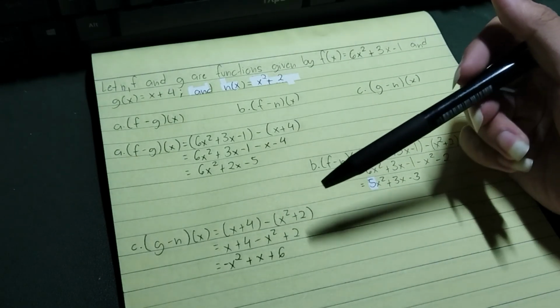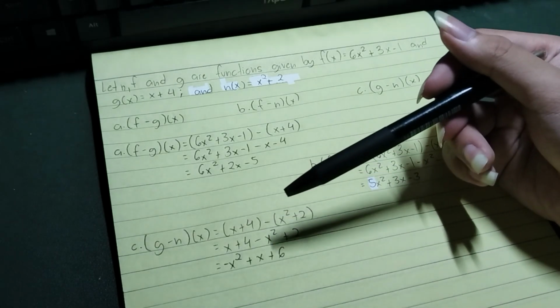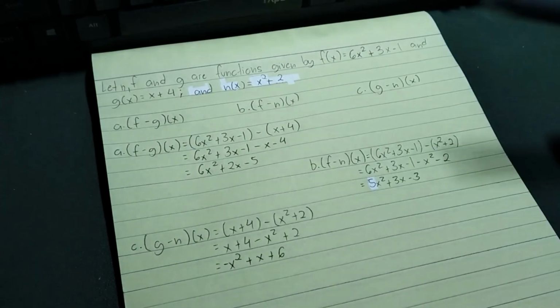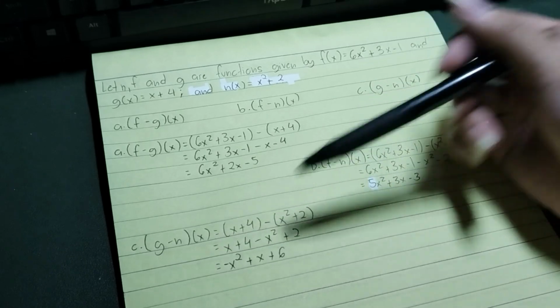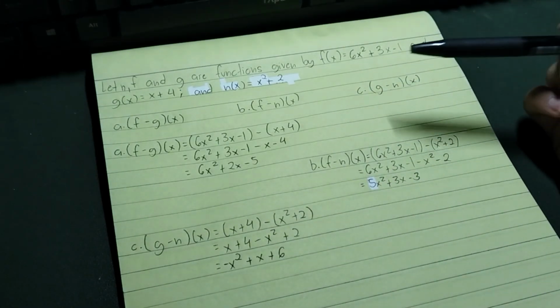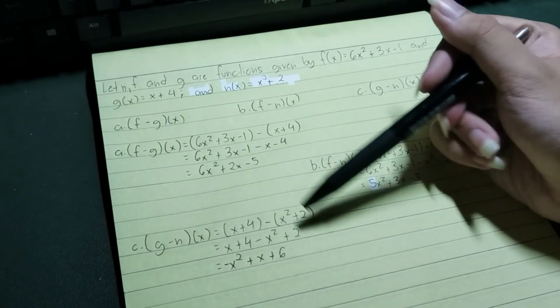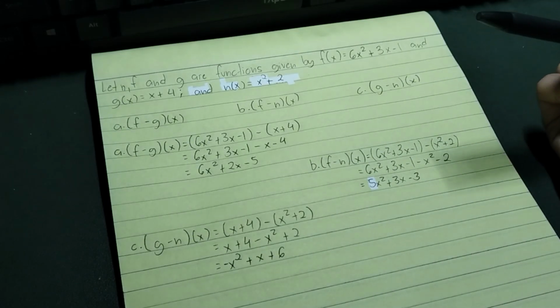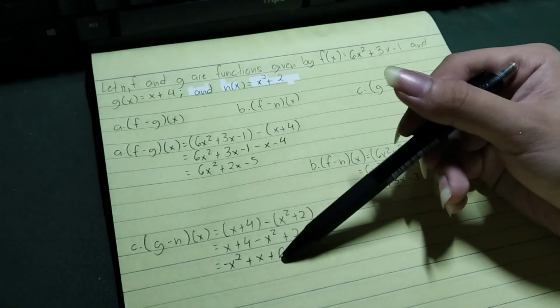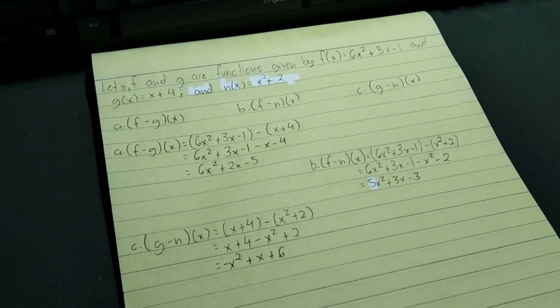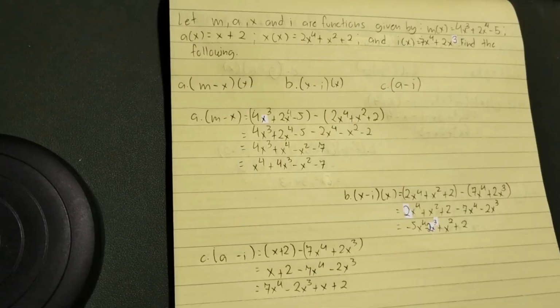Combine like terms, bring down the negative x raised to 2, and then bring down the x. Just combine the two constants, and then that will give us 2. Just easy as that.